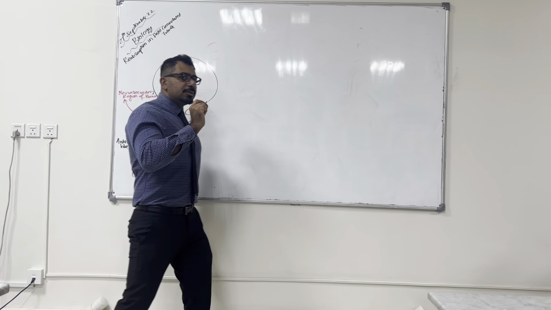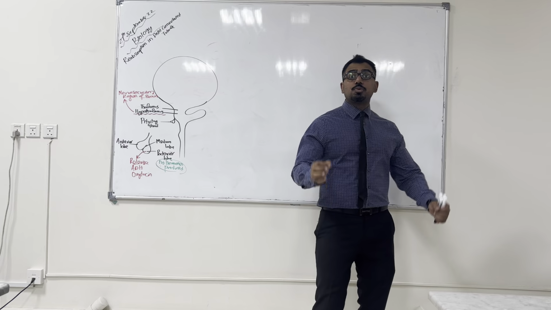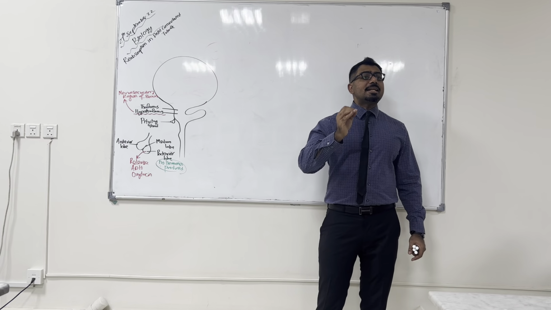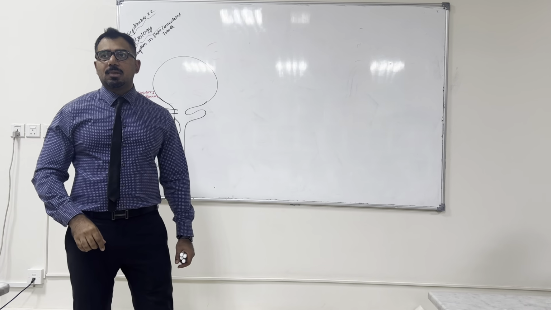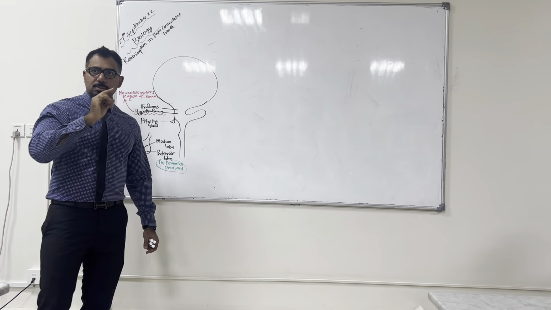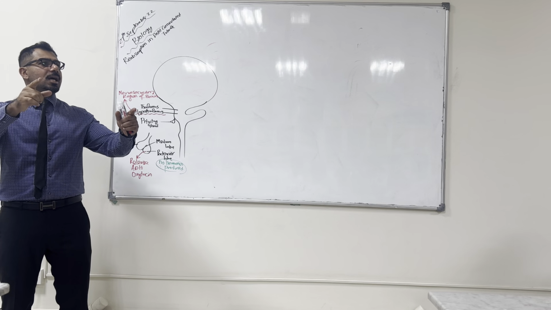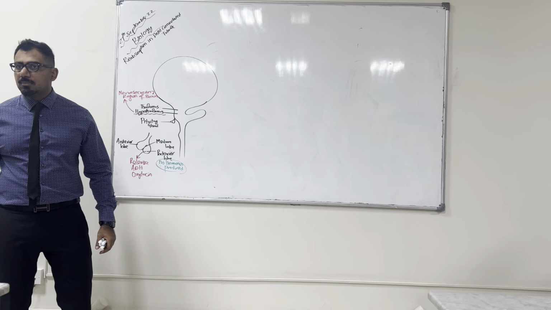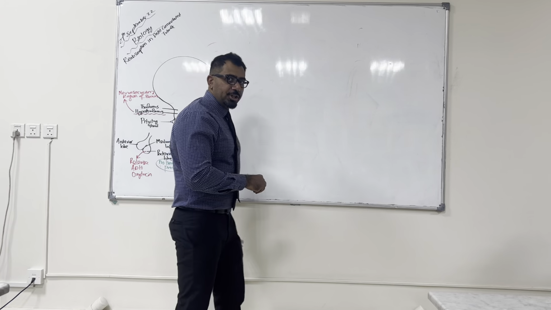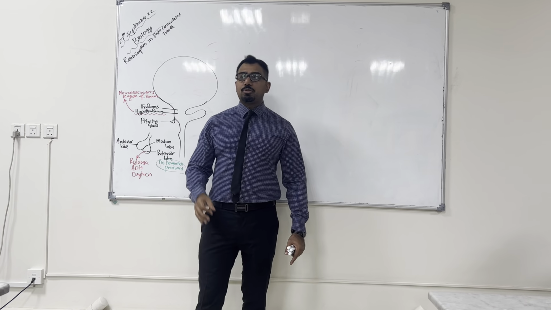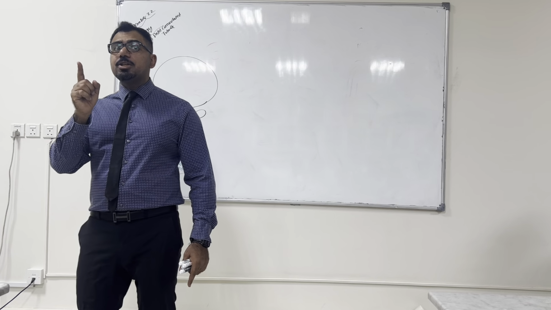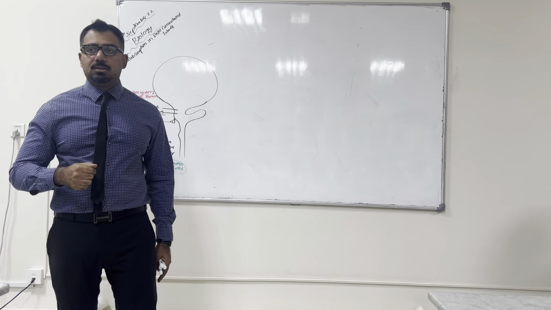Now, this hypothalamus is very important because it detects many internal stimuli. Remember when we talked about stimulus, it is the external or internal change. If the body temperature changes, that is a change inside the body, not outside. If you have fever, that is a change in your body's temperature inside.